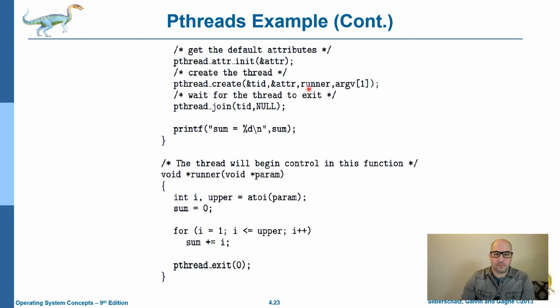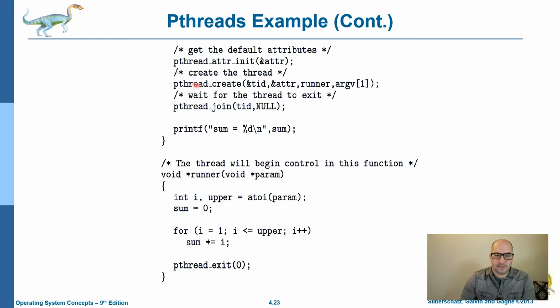And then we create the thread. And most importantly, we provide the runner function pointer to create, and in this case, some user data. What this does is it creates a new thread to execute starting at the address, the starting instruction of runner. And it takes as one parameter the single command line argument that we gave it.